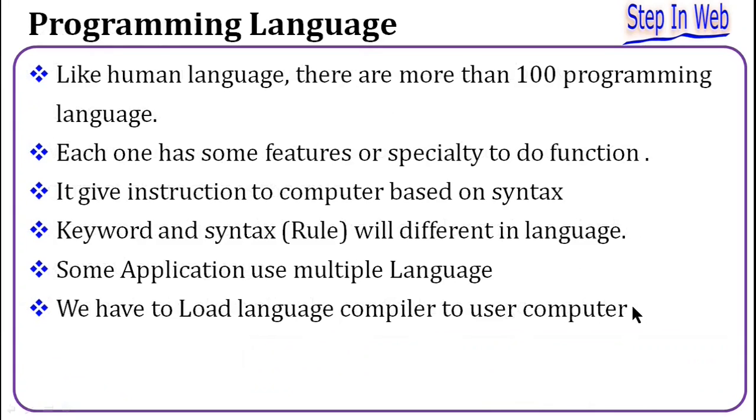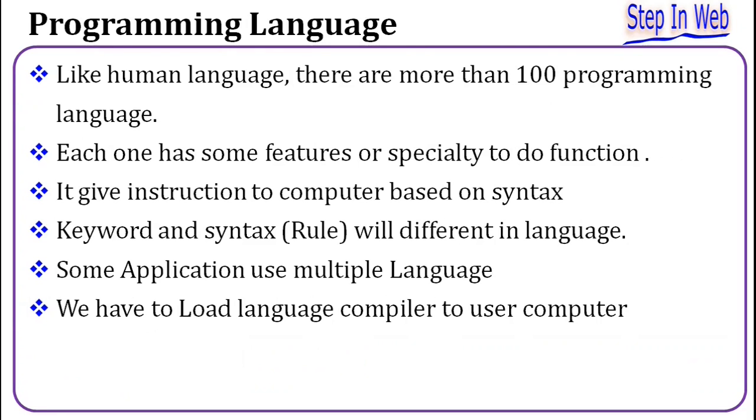Like spoken languages, programming languages also have a lot of rules, and we have to strictly follow them. Then only will the program give a correct output in our system. Around 6,500 human languages are available, and likewise there are more than 100 programming languages, each having some features and specialty.